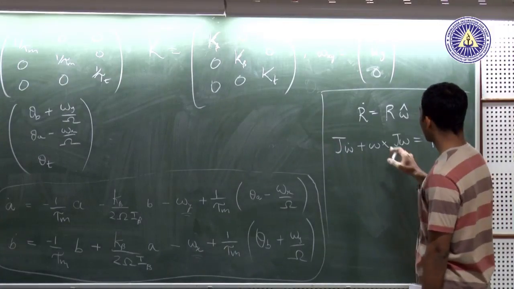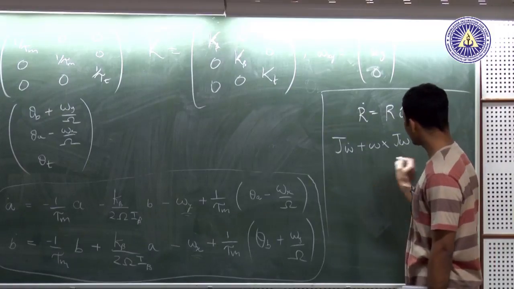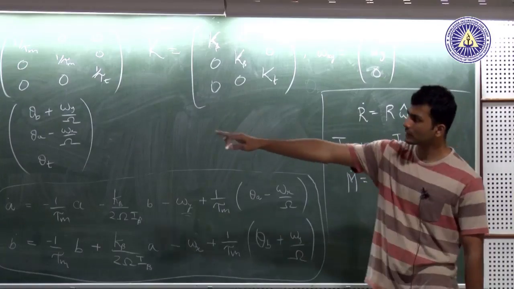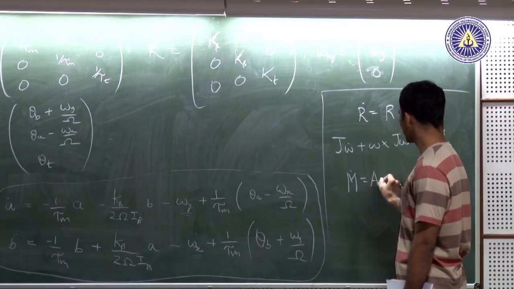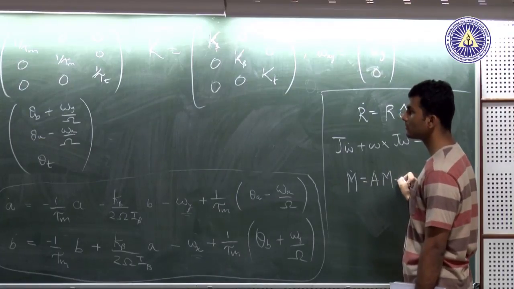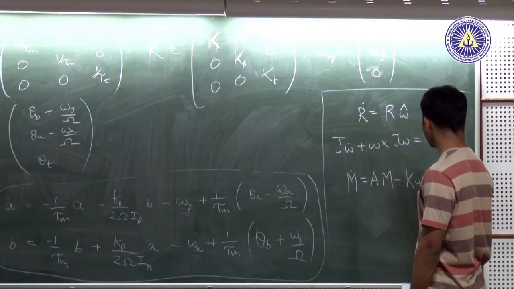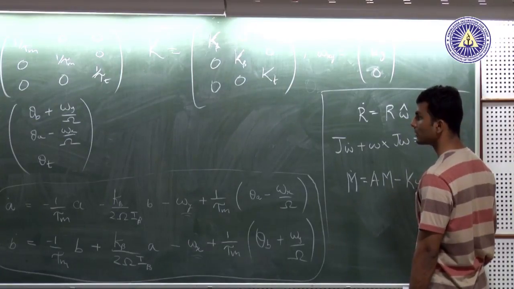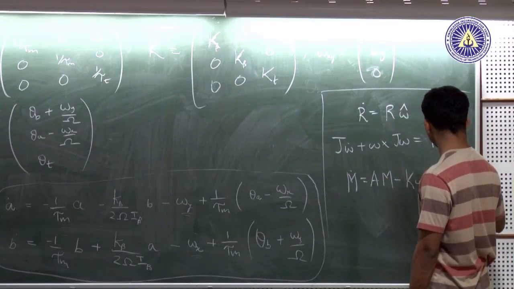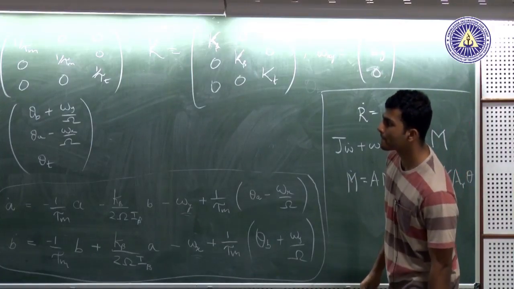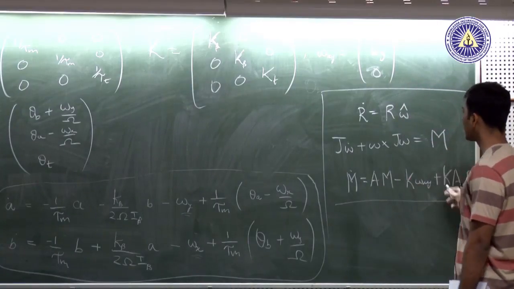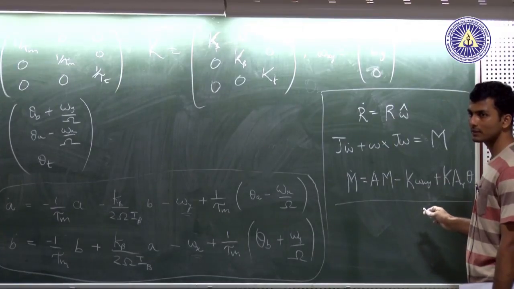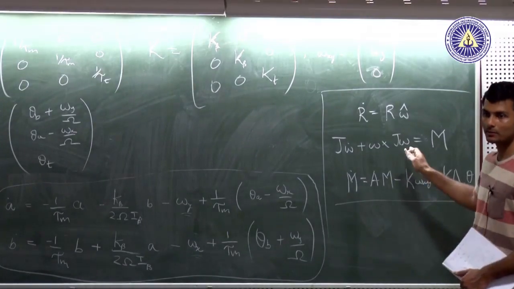This is the kinematics and dynamics, and then you have the moment equation finally. M dot is A M minus K omega xy plus K A tau into theta. So this is your reduced order equation for the small scale helicopter.